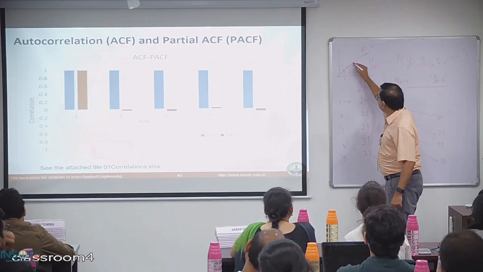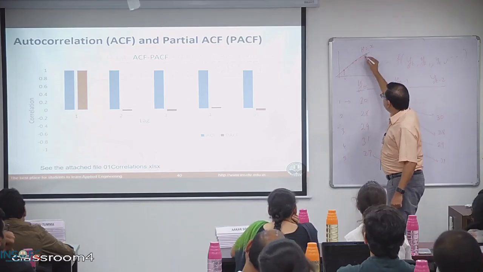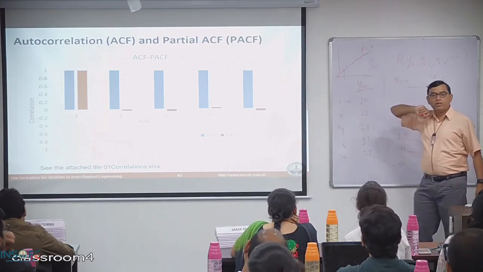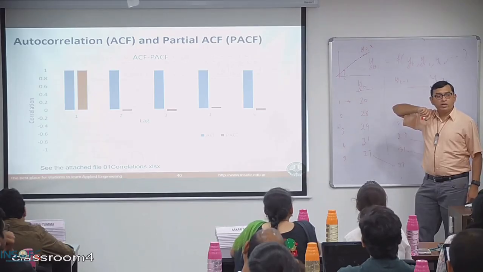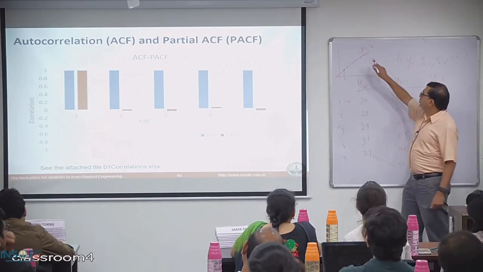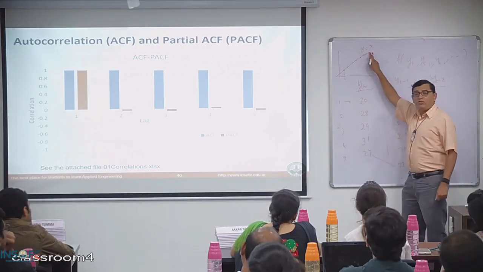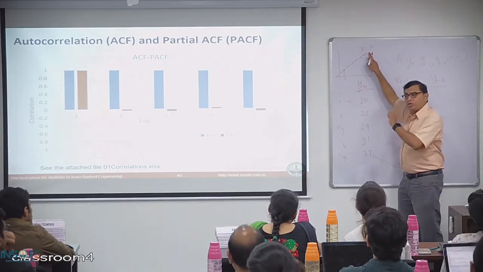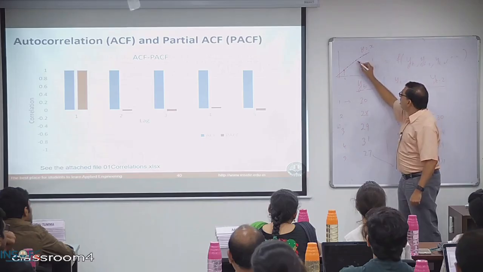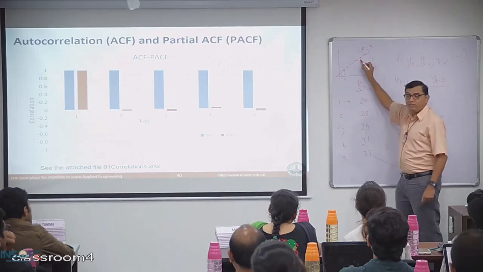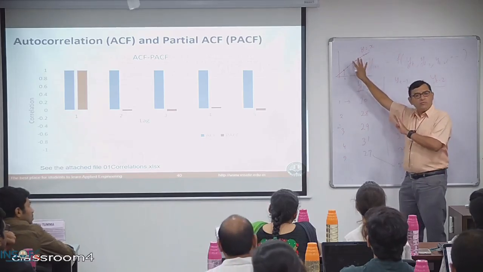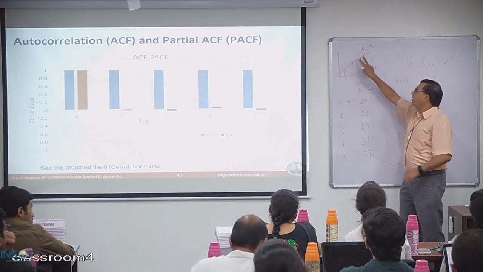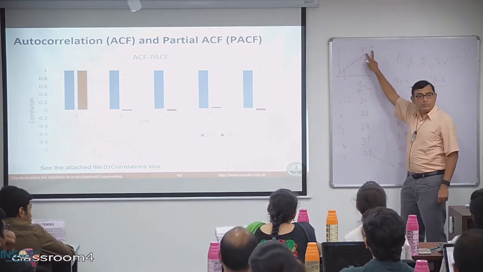This is the data set that I have, the time series that I have. To determine the next value of the time series, the only information I need is how much it moved from one lag. That's the only information I need, and I can determine the next value.